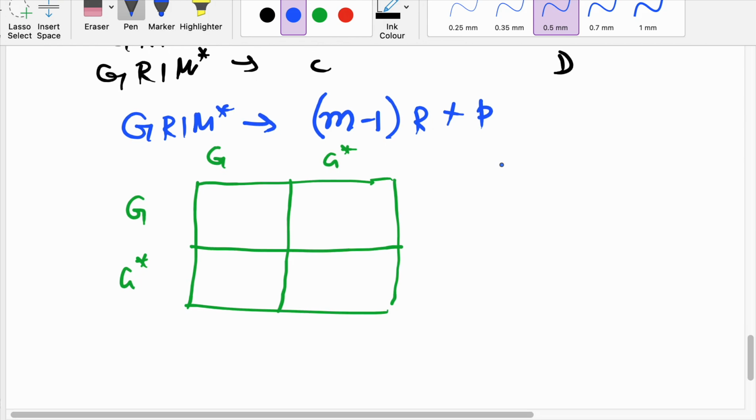If both are green, they will always cooperate, and for C and C the value is R. Exactly.